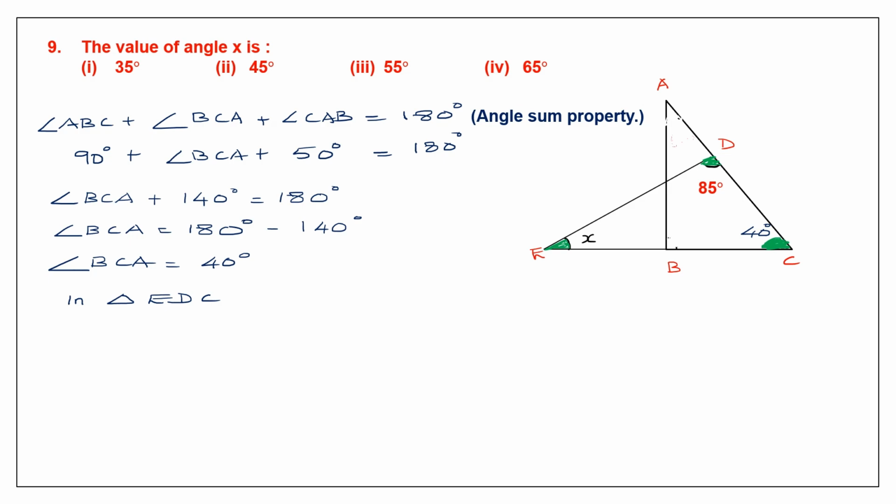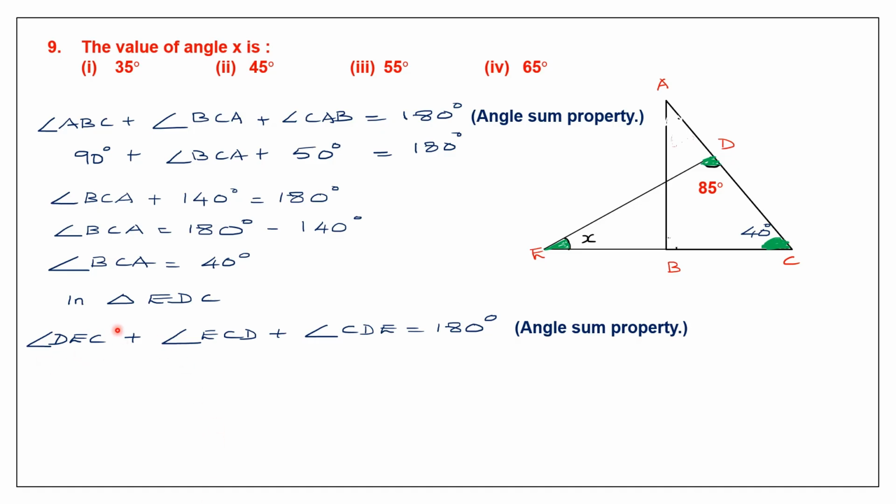So that is angle DEC plus angle ECD plus angle CDE should all add up to 180 degrees. And what is the reason? Angle sum property. That is, the sum of angles of a triangle equals 180 degrees.